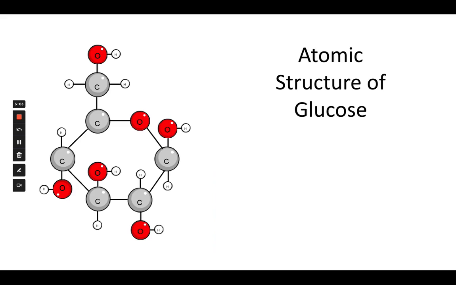You do need to know the atomic structure of glucose, and so if you want to take a minute and copy this down, you can see it. But you can see that glucose has the chemical formula of C6H12O6, and if you count each of the atoms here in the structural formula, you will see that it all adds right up to that.